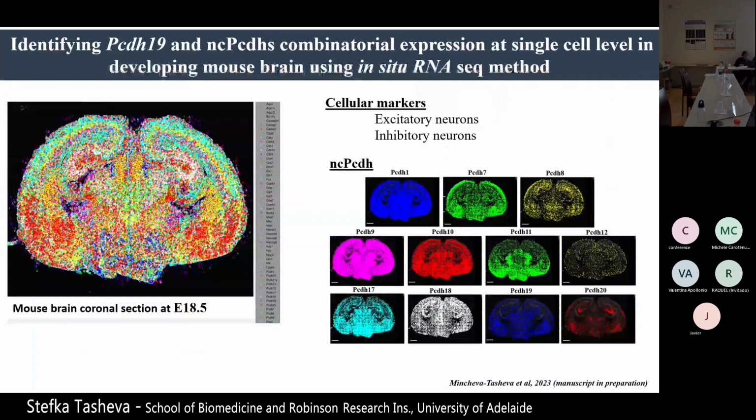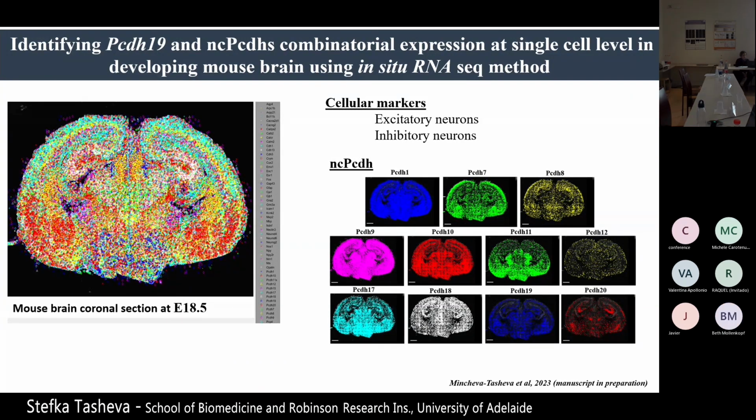To answer this question, we employed a technique called probabilistic cell typing by in situ sequencing. That technique allows us to identify up to 100 genes in the same cell. You can actually trace these cells and see their localization in the brain, because the tissue morphology is conserved.